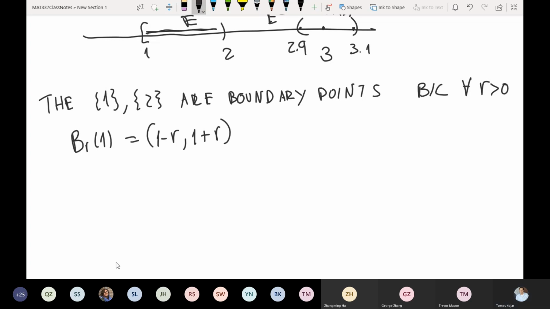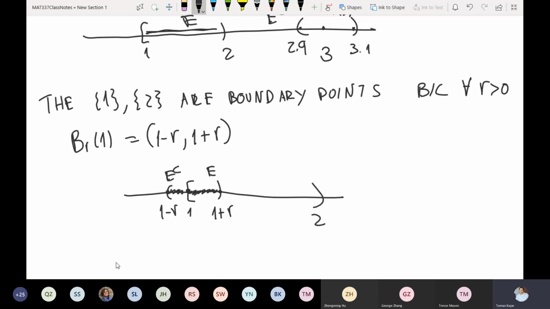And so this is the picture. And you see that it intersects E and it intersects the complement for all R. So B_R(1) intersects E because, for example, they both contain 1. So this is non-empty.